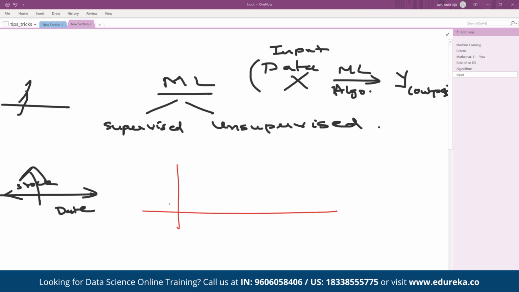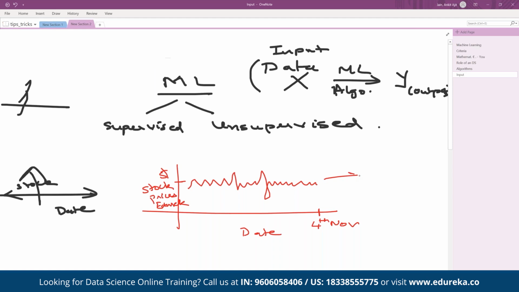Suppose we are creating a graph of stock prices. Let me name the stock, say Edureka has a share, and we want to see the behavior of Edureka with respect to date. 4th of November, and we know the prices till today. Suppose these are the Edureka share prices, some dollars.